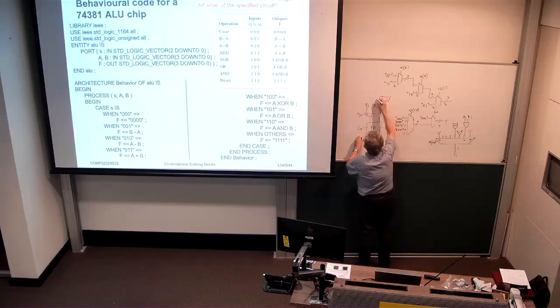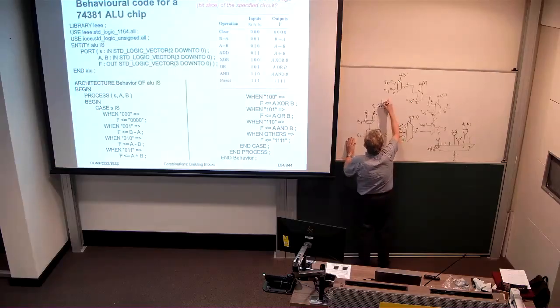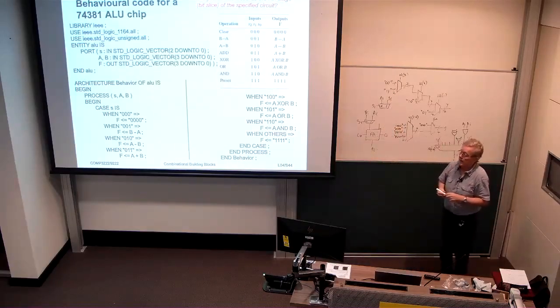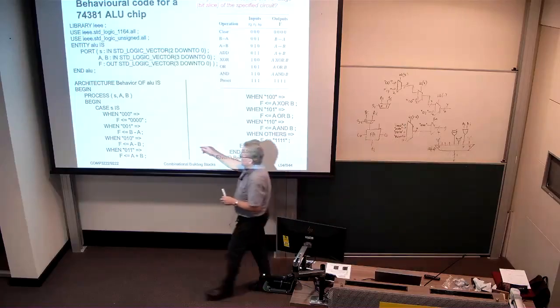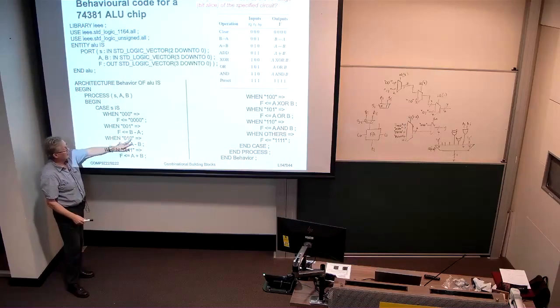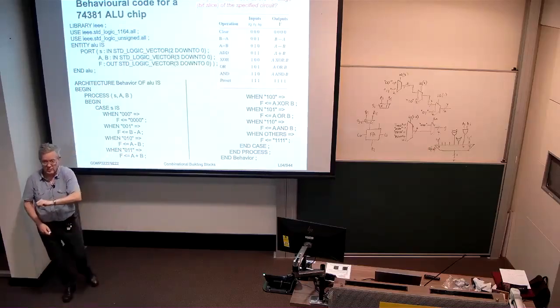And again, this is driven by S1, but now we want to flip these around. So this should be AI and BI, right? The problem is that when we have 0, 0, 1, we want to do a subtraction. When we have 0, 1, 0, we want to do a subtraction. And when we have 0, 1, 1, we want to do an addition.